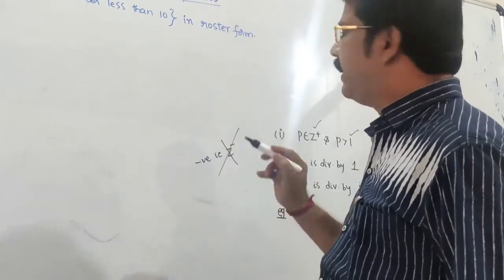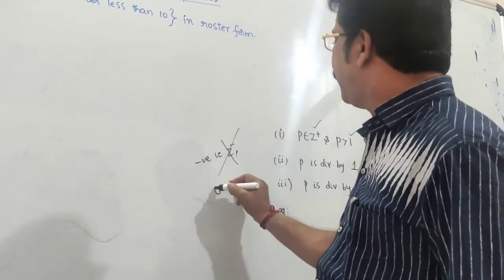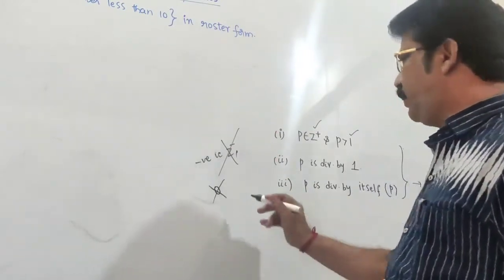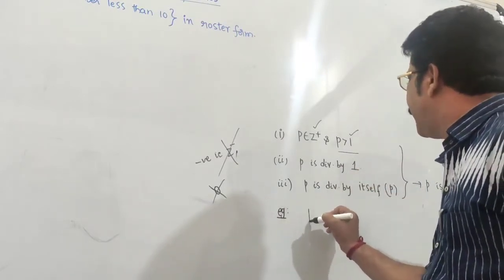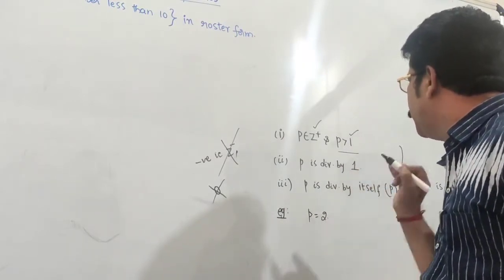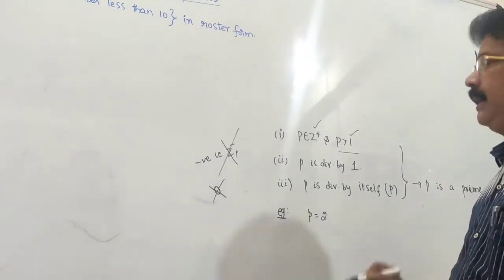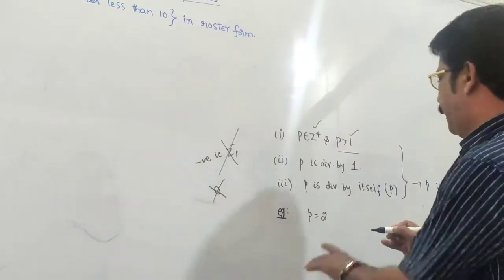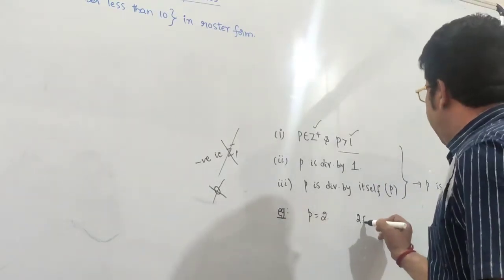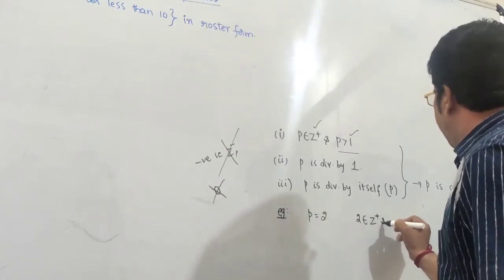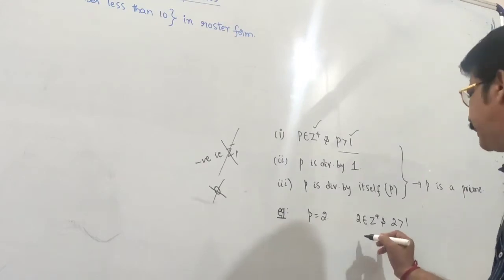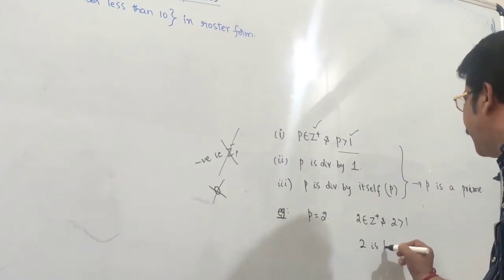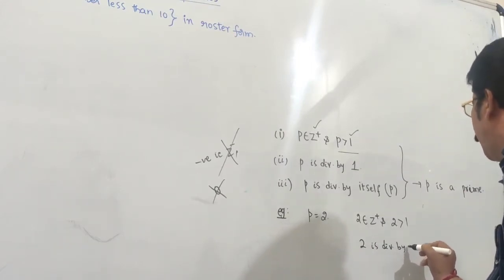We are not taking Z minus, and not even 0, since 0 belongs to Z. So it should be greater than 1, meaning we take P equal to 2, starting number 2. Let us verify the conditions. 2 belongs to Z plus and 2 is greater than 1. Next, 2 is divisible by 1.